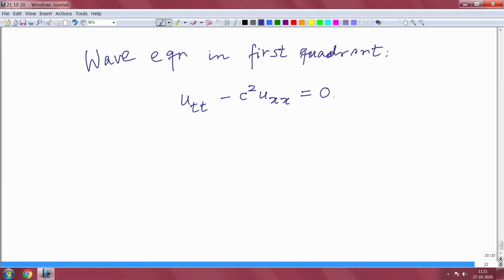So, now we consider this equation only in x positive, and as usual t is always positive. So, like the previous case, first we provide the initial conditions at time t equal to 0.